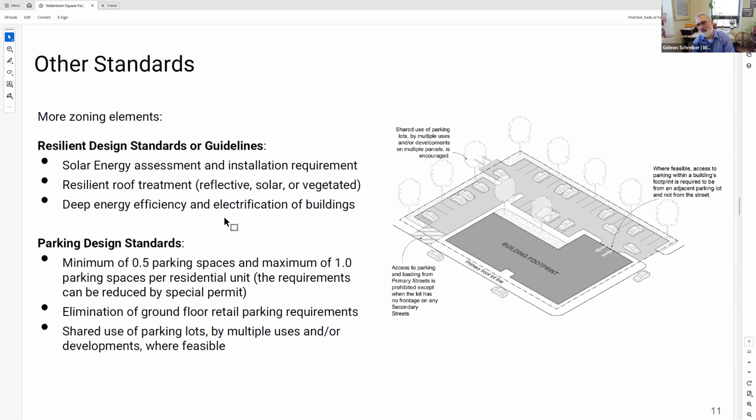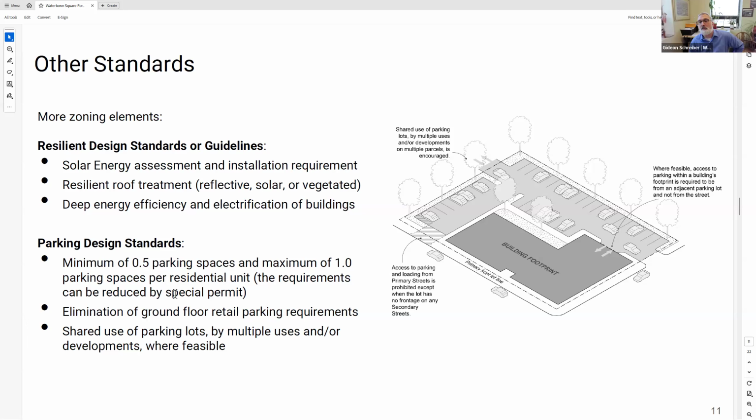The economic development studies, as part of the project for the Watertown Square area plan, suggested that probably no developer would be interested in less than, say, 0.7 or 0.8. I feel Loren might recall as well, but I'll show you. You'll be surprised to see that people are actually moving forward with projects with less parking than that. So it wasn't to the full level of removing parking in its entirety.